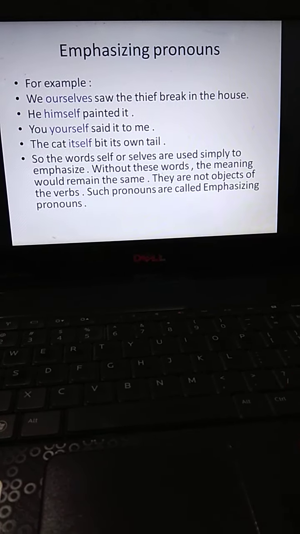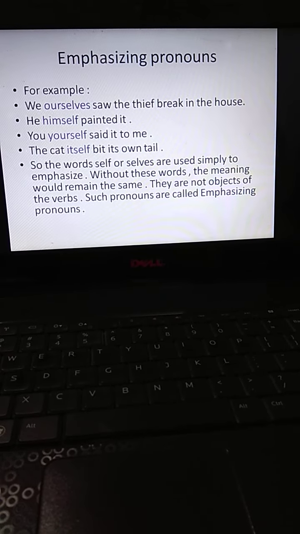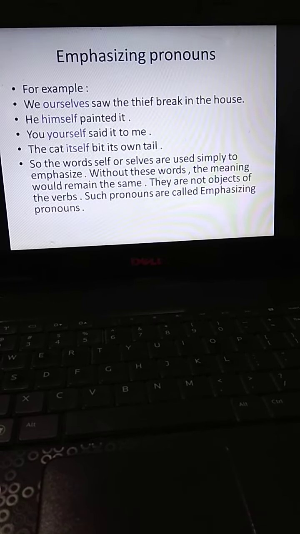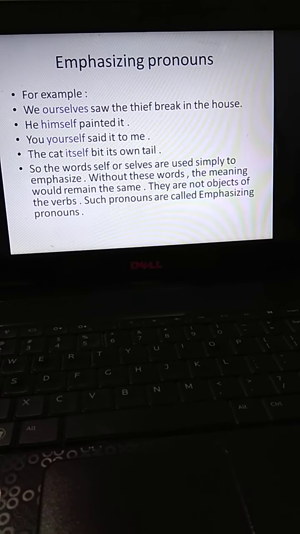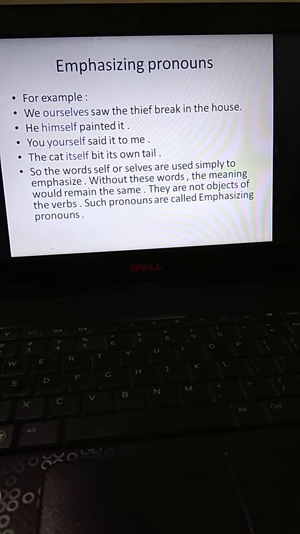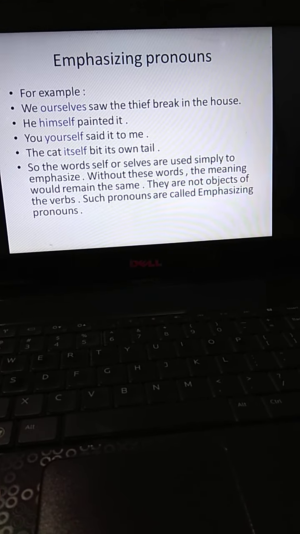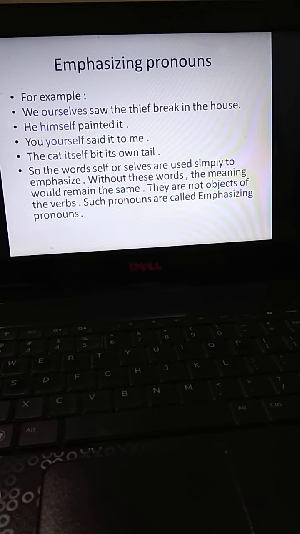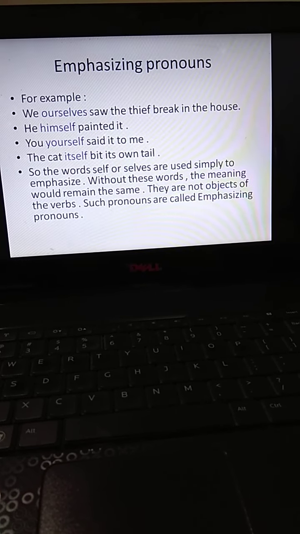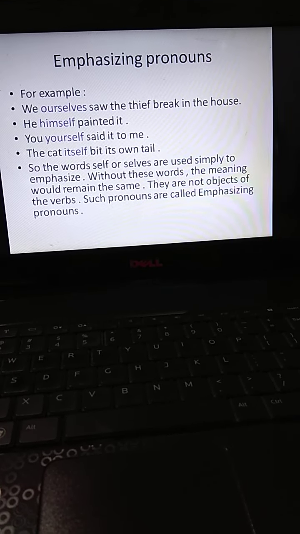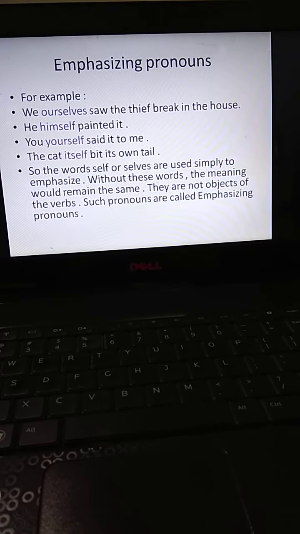Then, emphasizing pronouns. For example, we ourselves saw the thief break into the house. He himself painted it. You yourself said it to me. The cat itself bit its own tail.